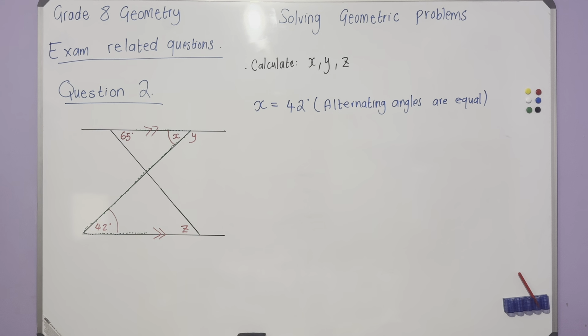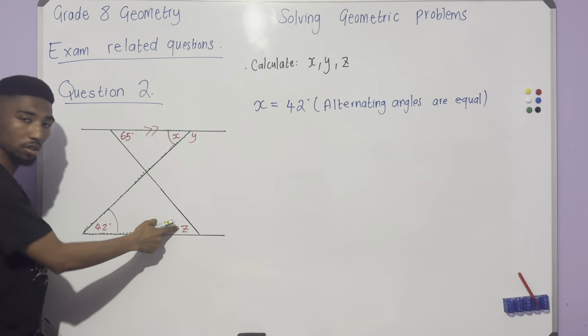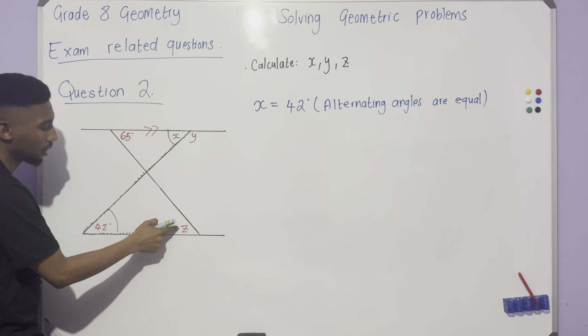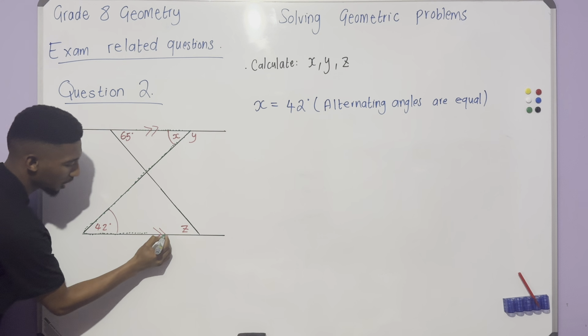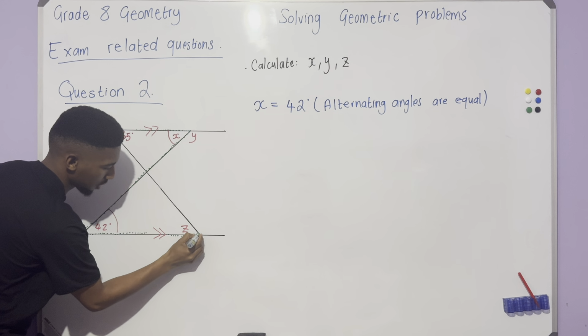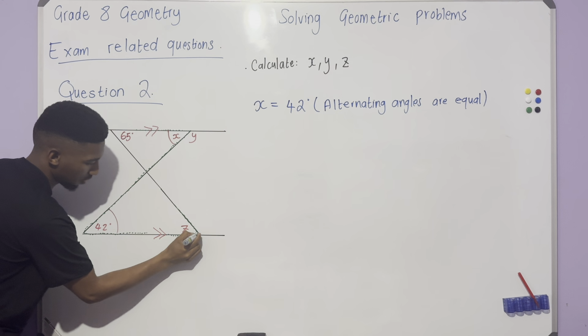Okay, and now let's look at the angle z. We can see that the lines that form this angle are this line and this line over there.